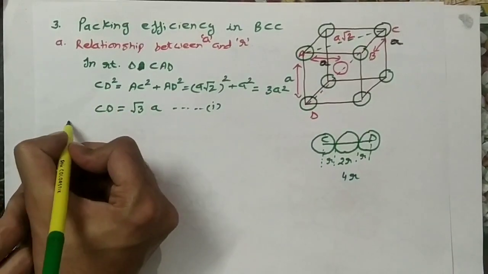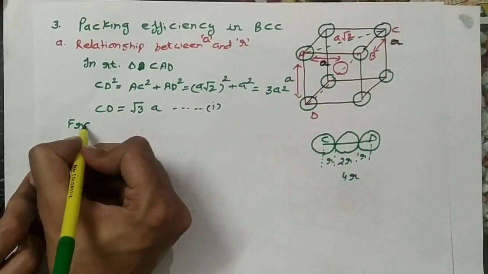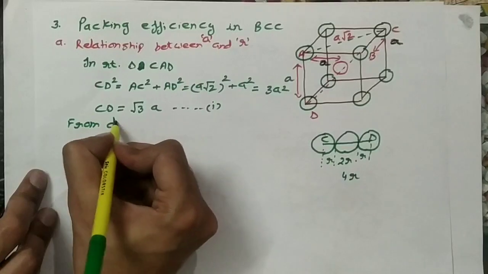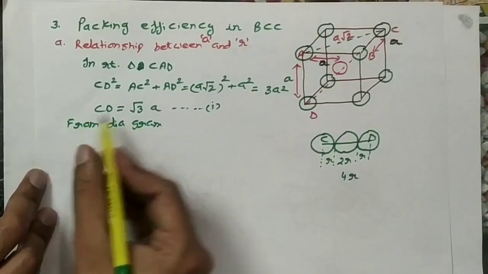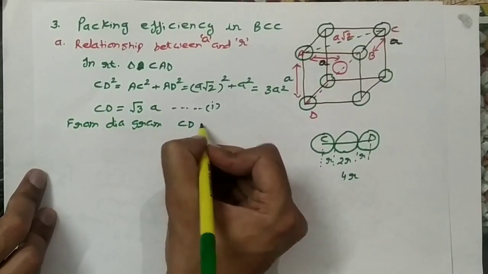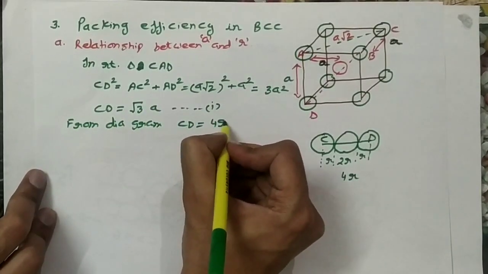So from diagram, we have CD is equal to 4r.